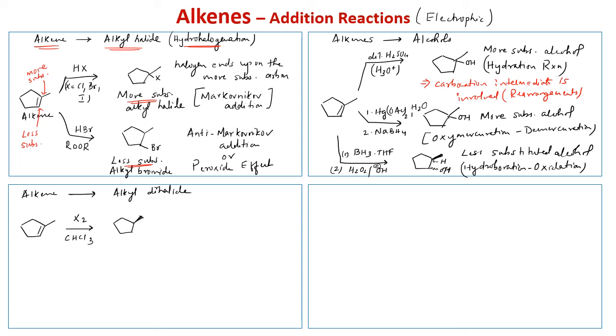an alkyl dihalide. Now when the stereochemistry matters, this alkyl dihalide is obtained as an anti-product. So we get an alkyl dihalide, and this is the halogenation reaction.